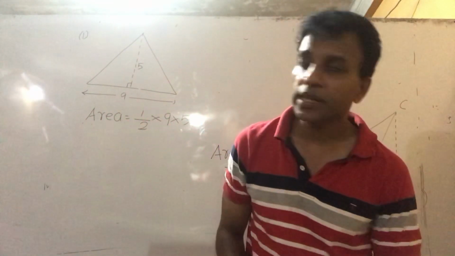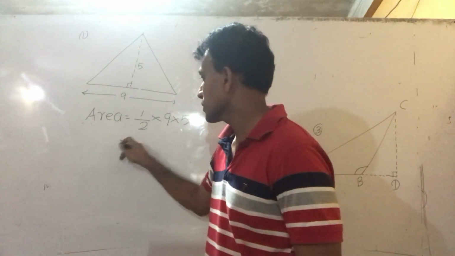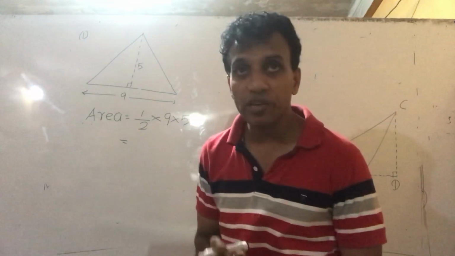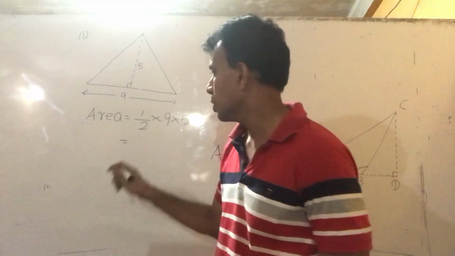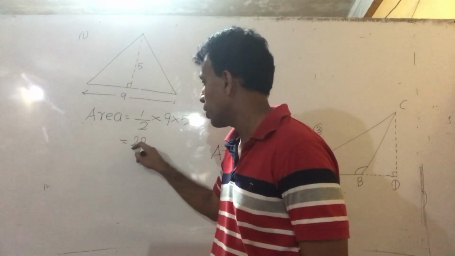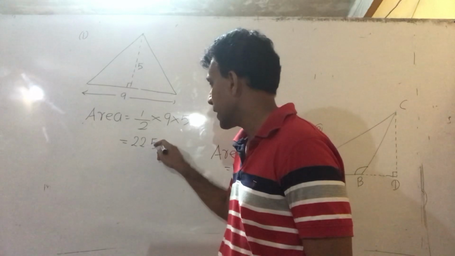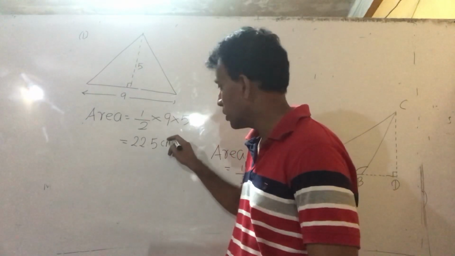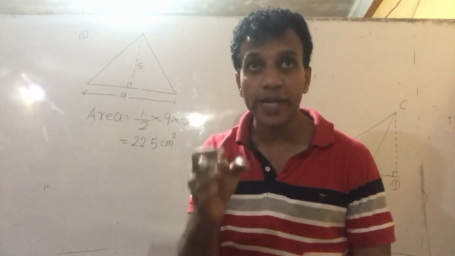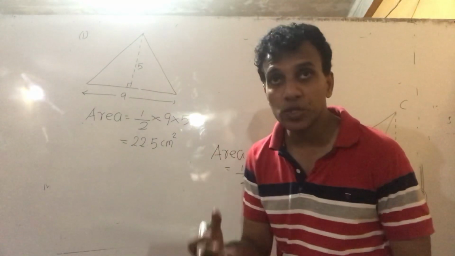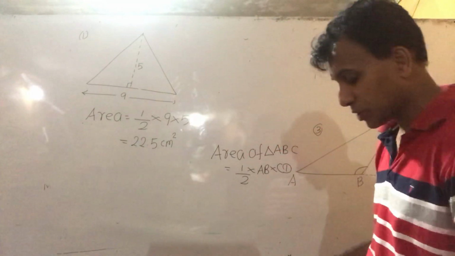Now simplify. 9 times 5 is 45. What is half of 45? Divide by 2: 22.5 centimeters square. Don't miss the unit. Meter comes meter square, millimeter comes millimeter square, right? That's the answer for this question.